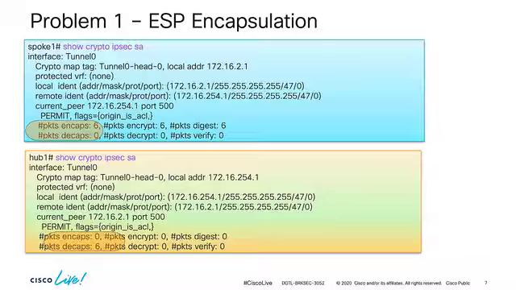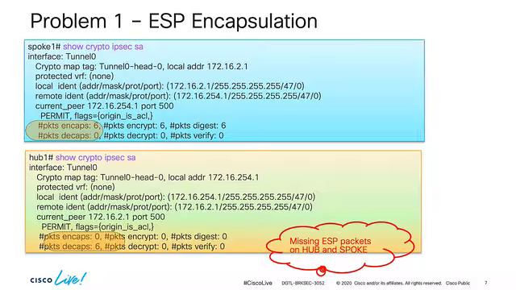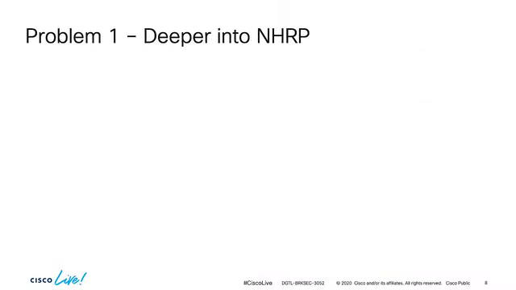So where are the ESP packets missing, or why is the hub not encrypting these packets or sending out registration replies? Based on this output, the problem definitely seems to be with NHRP.